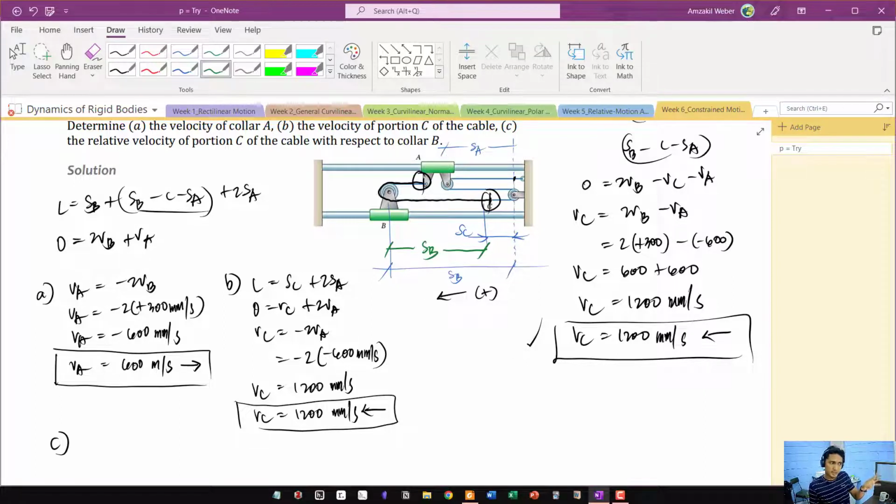Therefore, SC or SB, it doesn't matter, this is relative, because the two endpoints are relative.